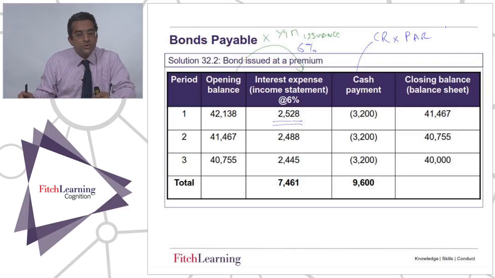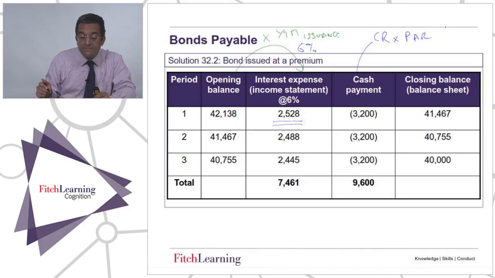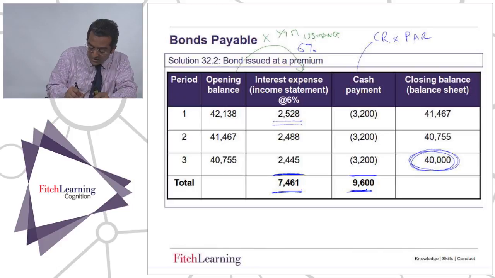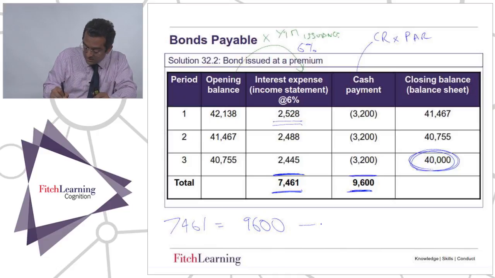This time, of course, your bond is reducing in value over time. It finishes at 40,000 again, but in this case, the interest expense as a total, as you can see, is not as much as the coupons. That's because the total interest expense is equal to the coupons, but in this case, minus the amortized premium.